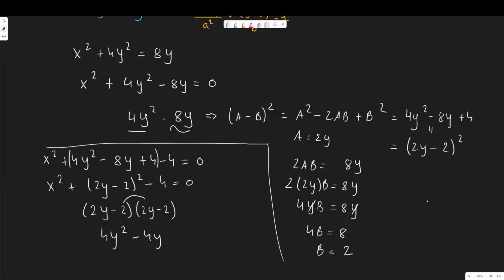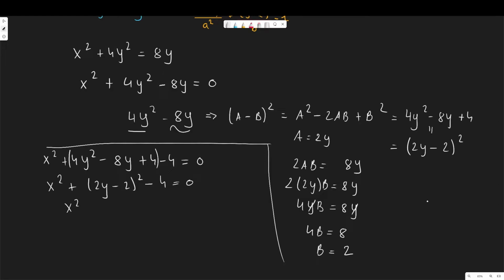Then negative 2 times 2y will get us negative 4y, and negative 2 times negative 2 will give us plus 4. So we'll get 4y squared minus 8y plus 4, and this is in fact the same as this.